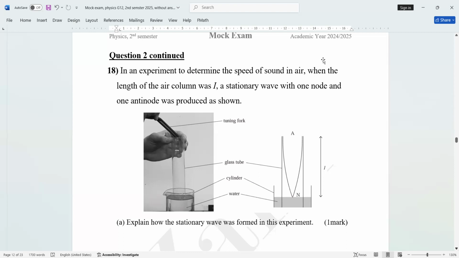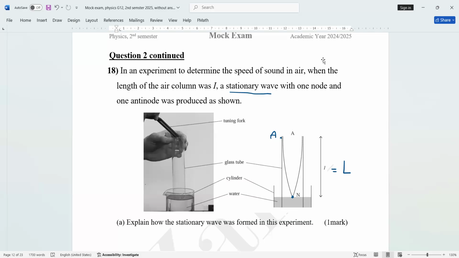In an experiment to determine the speed of sound in air, when the length of the air column was l, this is the length L, a stationary wave with one node and one antinode, here, this is the antinode, was produced as shown. Explain how a stationary wave was formed in this experiment.